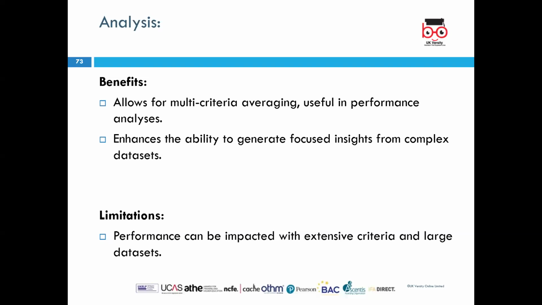The benefits are multiple criteria averaging, usefulness in performance analysis, and the ability to generate focused insight from complex data. The limitation is that performance can be impacted with extensive criteria on large data sets.